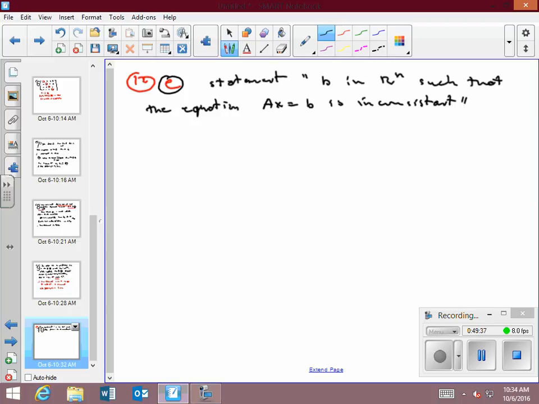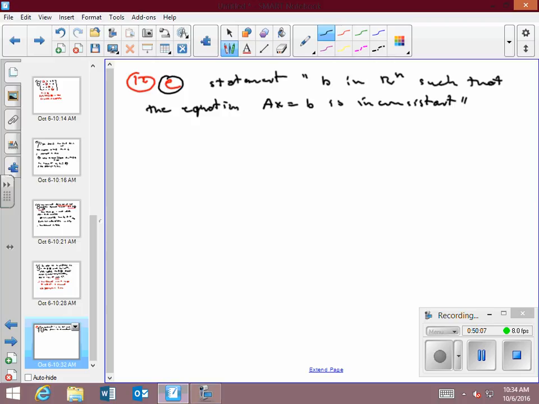If you look at theorem 8G, it says the equation AX equal B has at least one solution for each B in R. That's a negation of that one, right? B is in R such that the equation AX equal B is inconsistent.